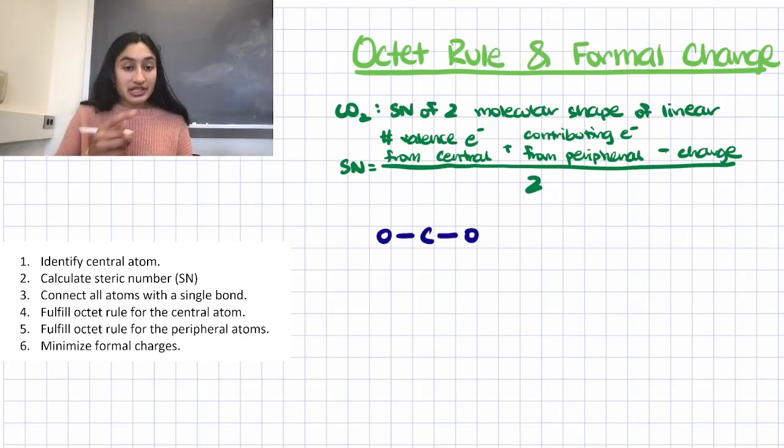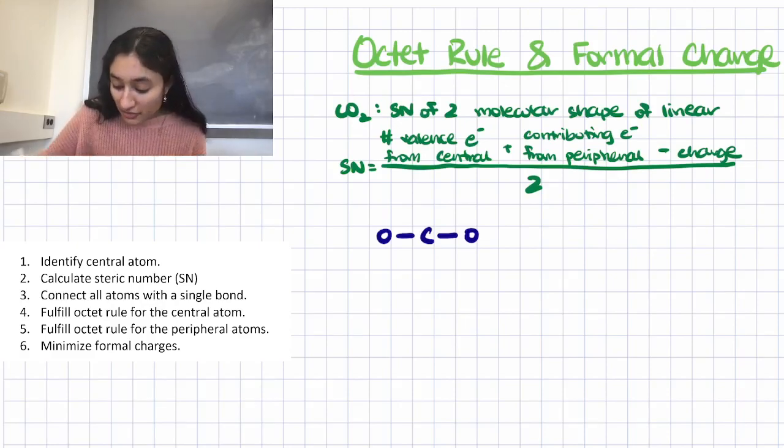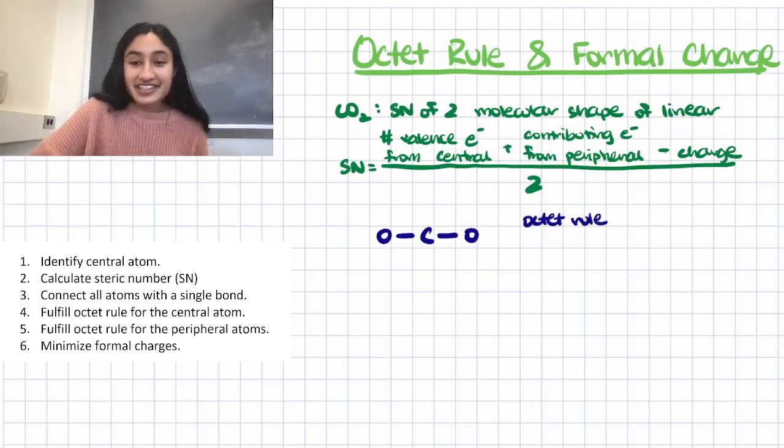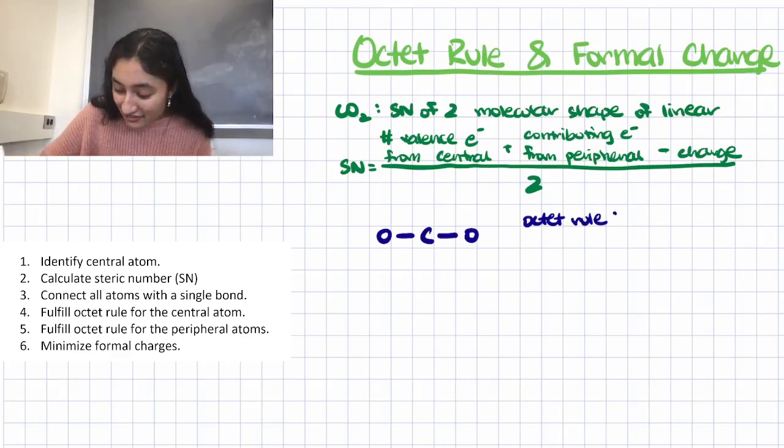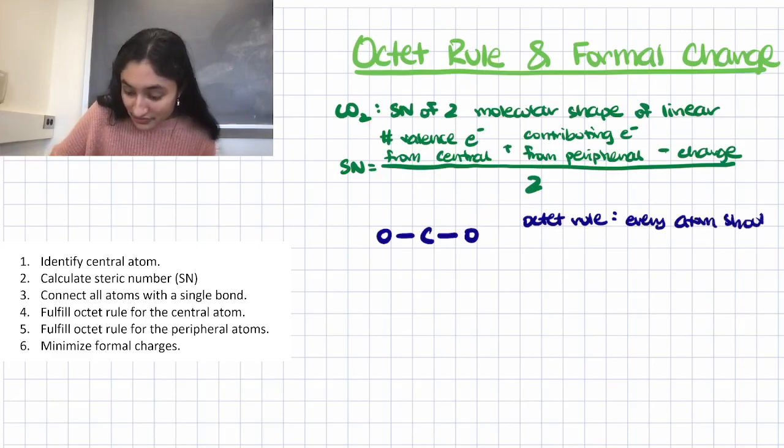So now let's move on to step number 4, which is fulfilling the octet rule for the central atom. Before we get to that, we should talk about what the octet rule is. So the octet rule is the rule that every atom should have 8 surrounding electrons.